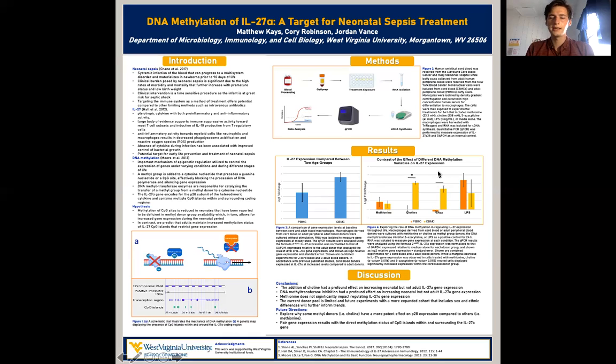And then 5-azacytidine also showed CBMCs increasing IL-27 expression when exposed to the enzyme inhibitor. This is potentially because CBMCs are loosely methylated, which is why IL-27 is highly expressed in the neonatal stage of life.